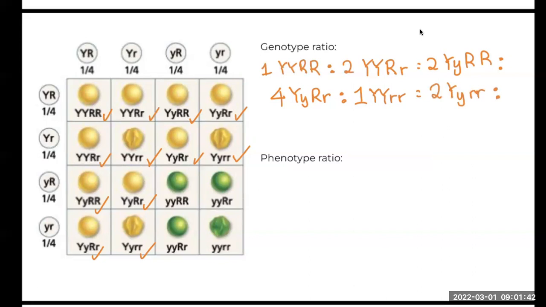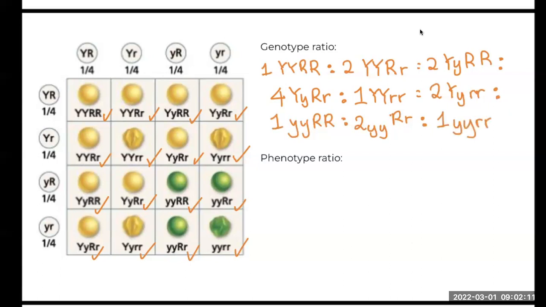And then this one, there's just 1 of them. And these two, and finally the last one. So that's your genotype ratio.